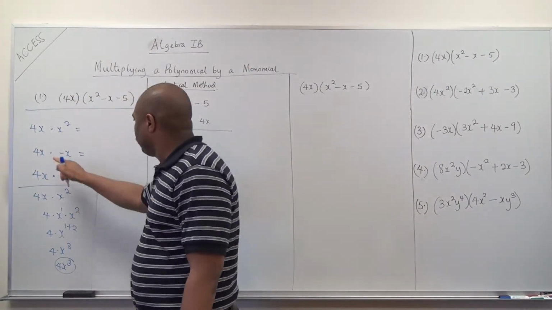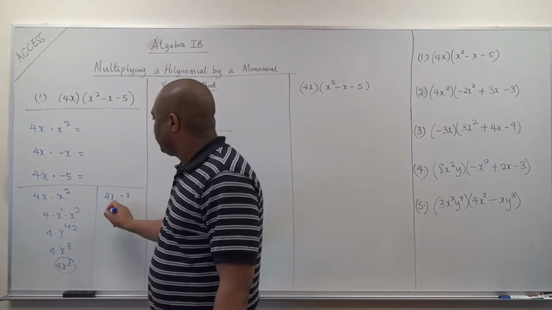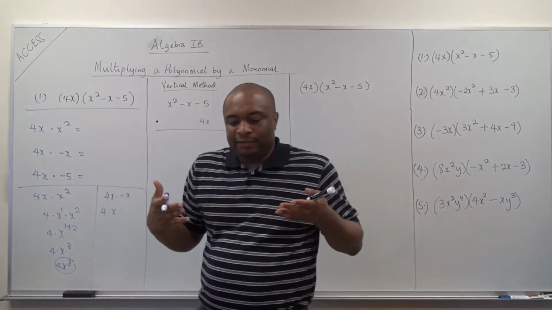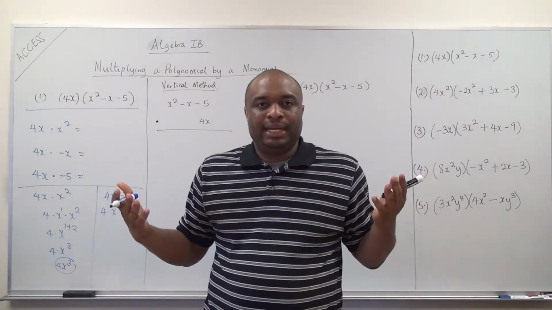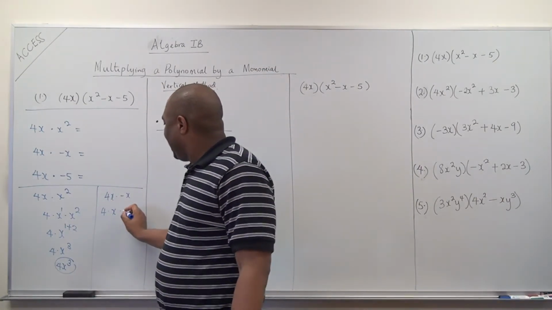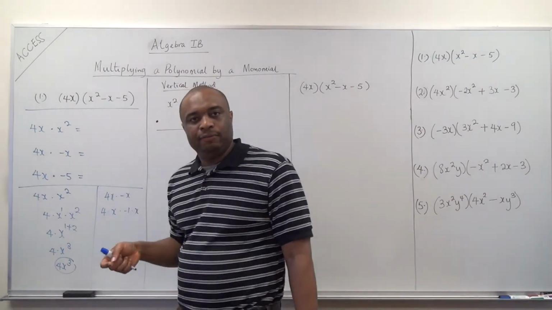Now, what if we do this one? 4x times negative x. So this means 4 times x times negative 1 times x. It's sometimes good to separate the variables and the constants. Negative x means negative 1 times x.